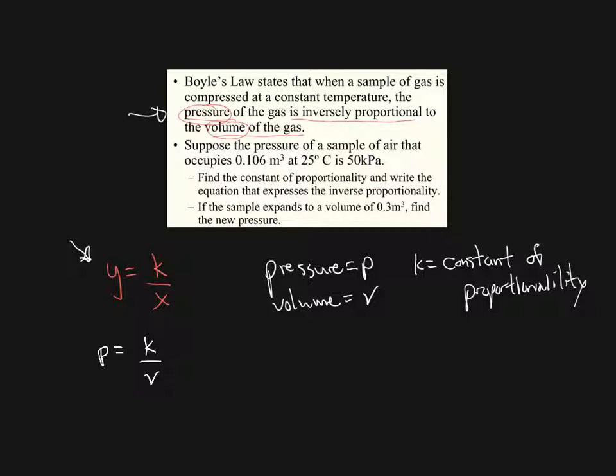And now what do we have? They give us a little bit of a supposition here. Suppose that the pressure of a sample of air that occupies this. Now the tricky piece is that 50 kPa, okay, I'm just going to read it like that. This is the actual pressure.